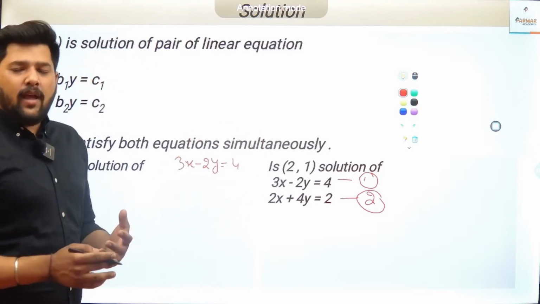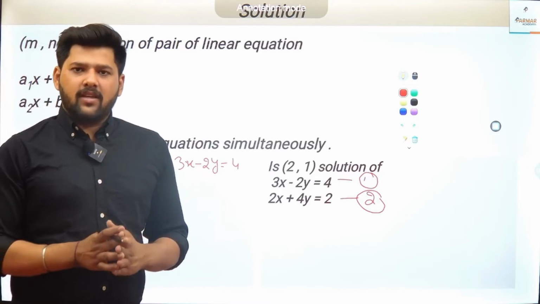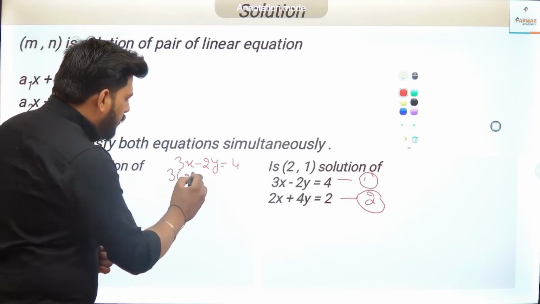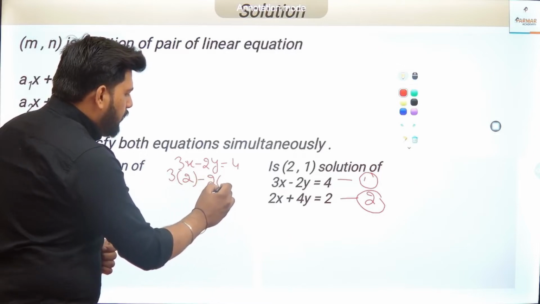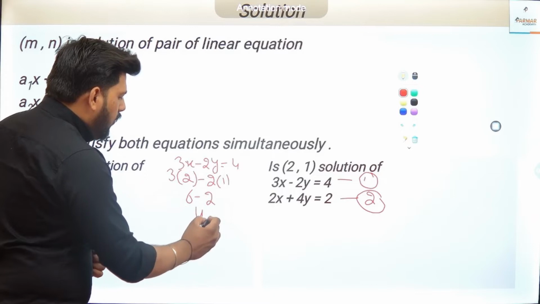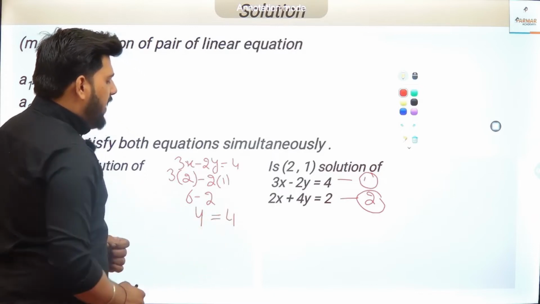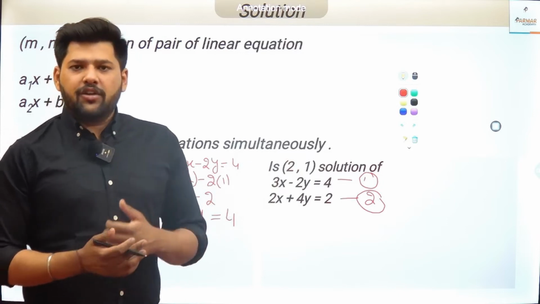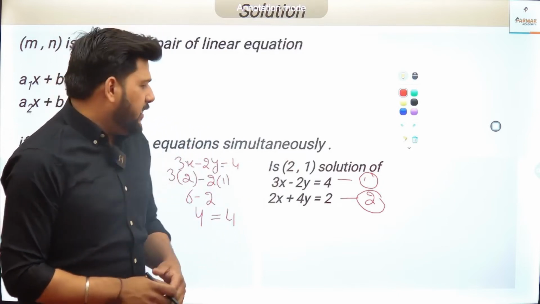So easily x is replaced by 2 and the y is replaced by 1. This is 3 into 2 minus 2 into 1, that is 6 minus 2, that is equal to 4, and this is equal to right hand side. So that means (2, 1) is the solution of first linear equation in two variable.